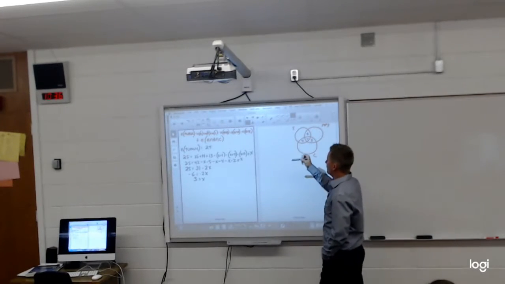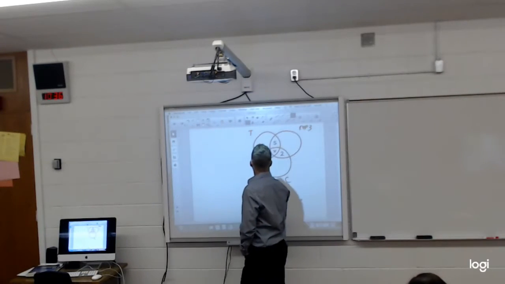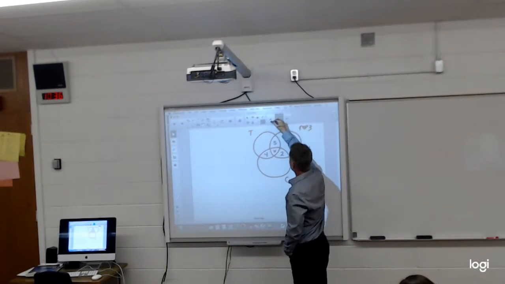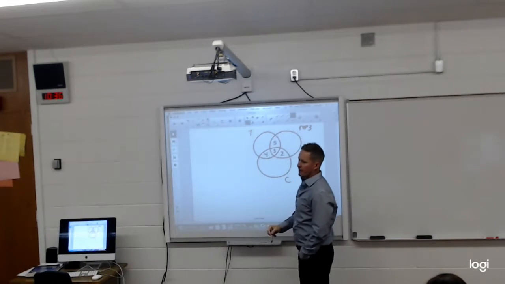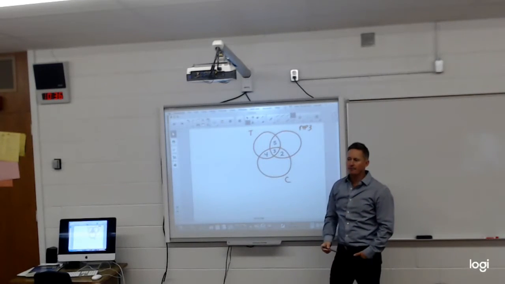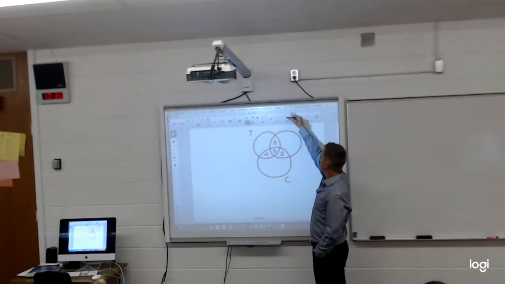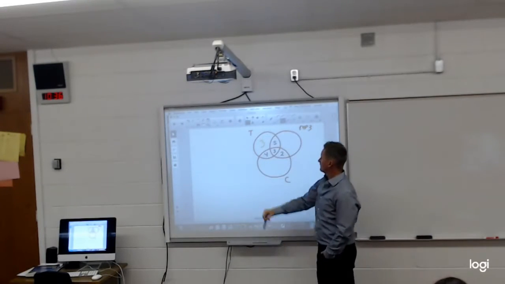So now we go back to that. That's 3 right there. How many tablets did I have? 15. 15 minus 12 is 3.